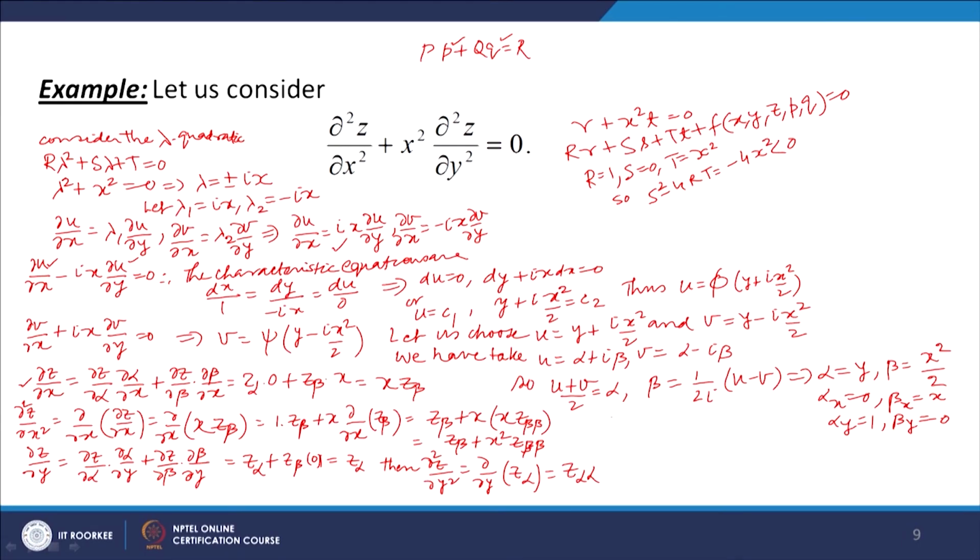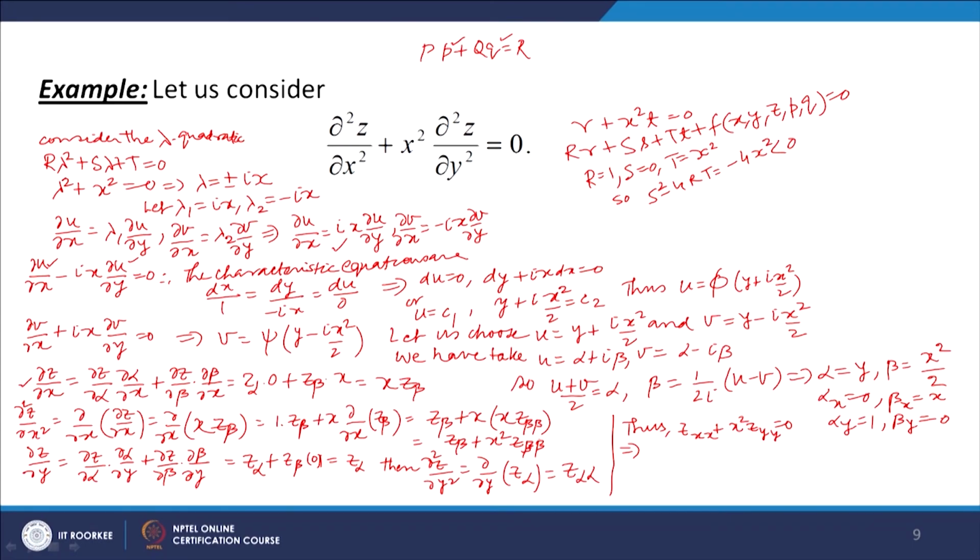Okay. So, now put the values. So, then zxx plus x square zyy equal to 0. We found zxx here.